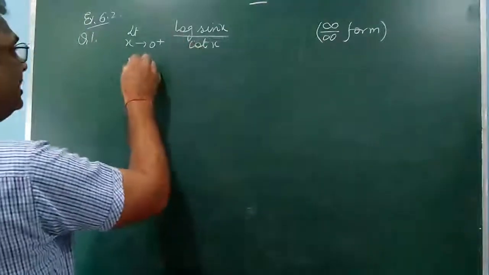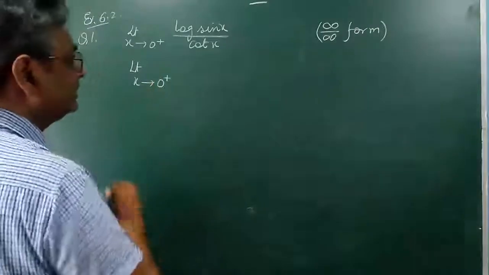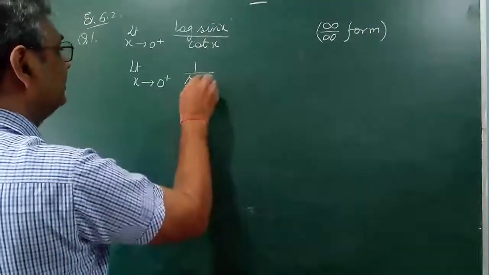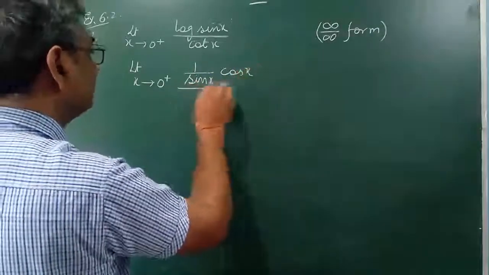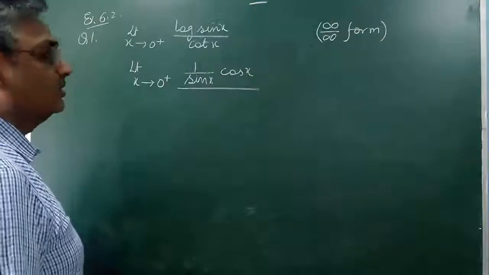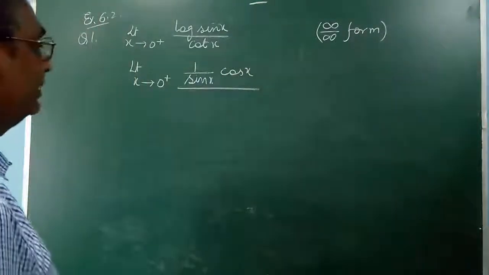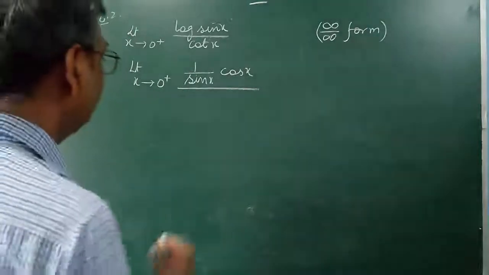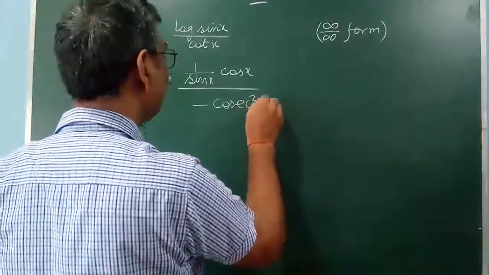Again we can differentiate. Here in this case also we will be following the same procedure. So here it is, now comes cot x. What can we do with this cot x? We can have minus cosec square x.